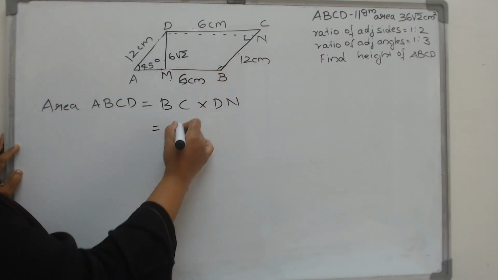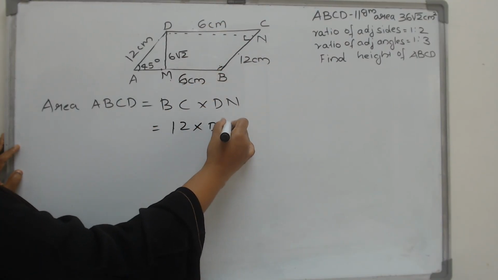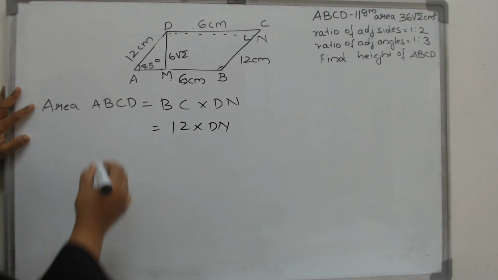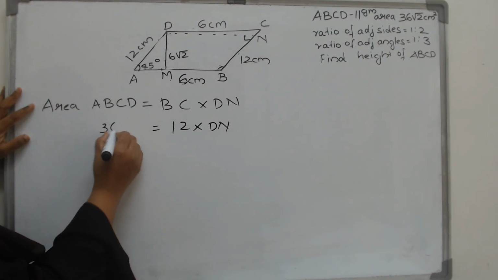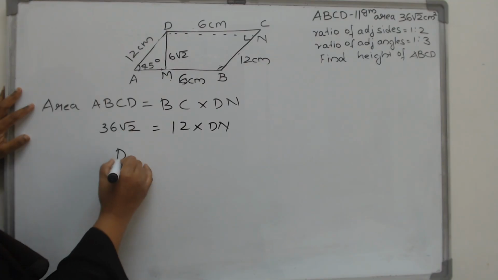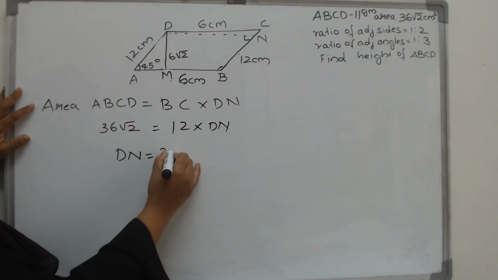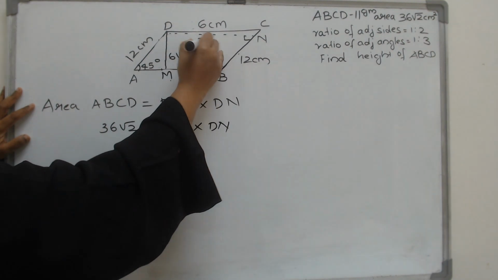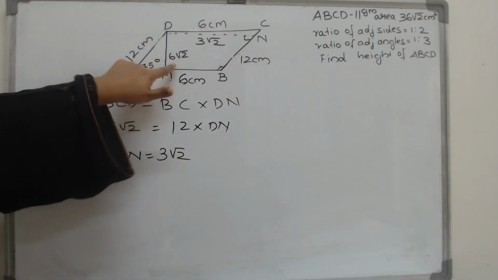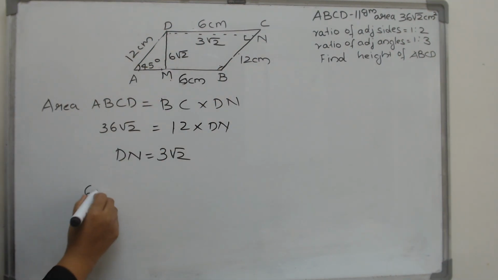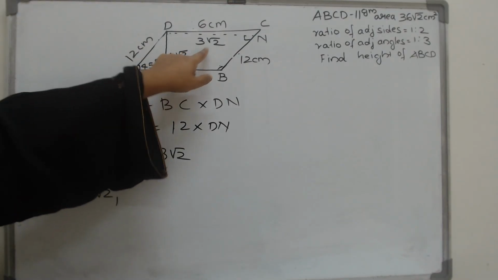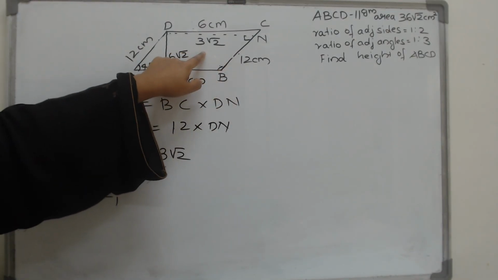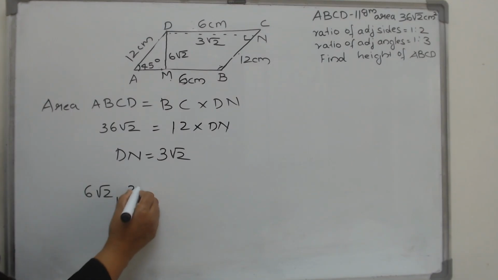Now the base we found is 12. We do not know what DN is. So the area of ABCD is given as 36 root 2, which means DN is equal to what? It is 3 root 2. In other words, if this height is 6 root 2, the other height, the one which corresponds to 12 centimeters, will be 3 root 2.